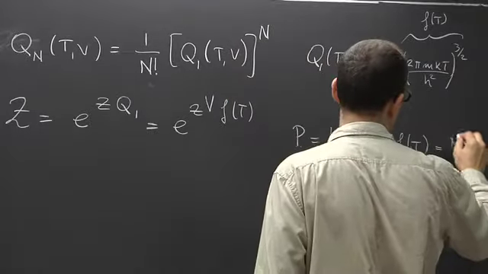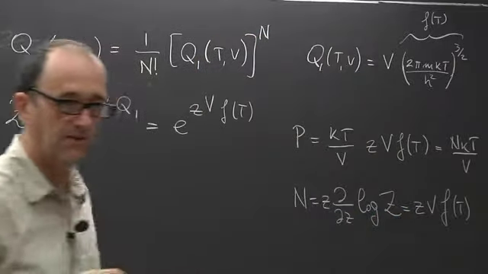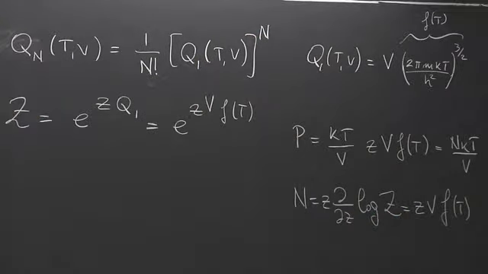So we have P equals n kT divided by V. So this is our old friend, the classical ideal gas.